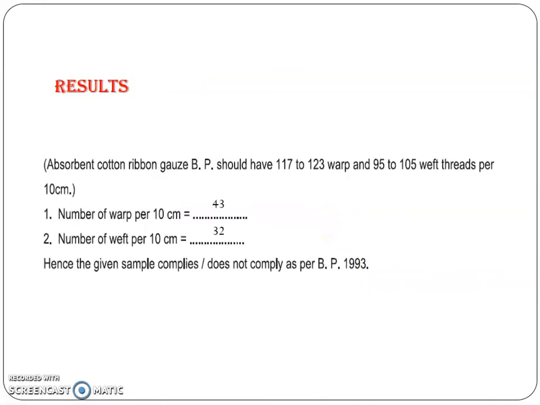Next we move ahead to the result. According to the British Pharmacopoeia, absorbent ribbon gauze BP should have 117 to 123 warp and 95 to 105 weft threads per 10 centimeter. And we got number of warp per 10 centimeter as 43 and number of weft per 10 centimeter as 32.